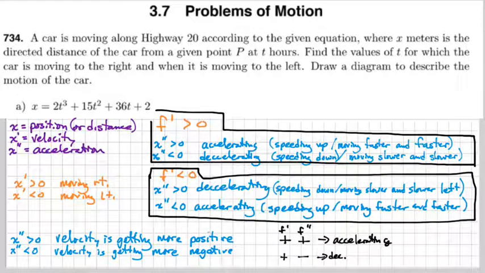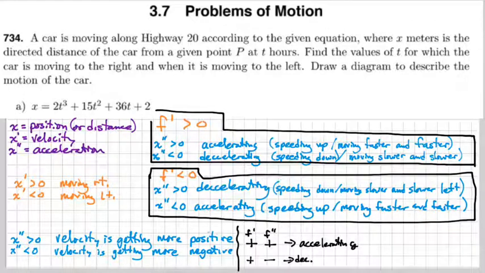Now, if we're moving to the left and x double prime is positive, then here you would be decelerating, meaning the speed would be going slower. Or if we're moving to the left and x double prime is negative, getting more negative, then you would be accelerating. There you have it.